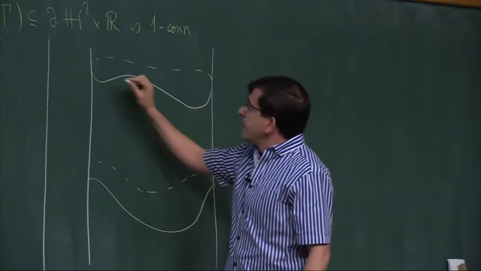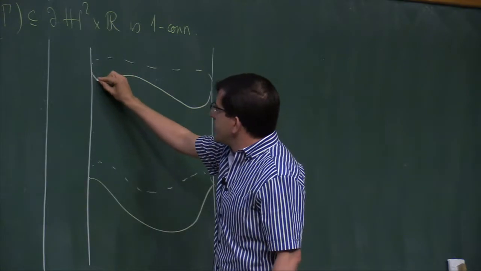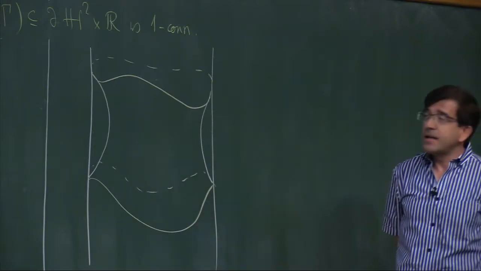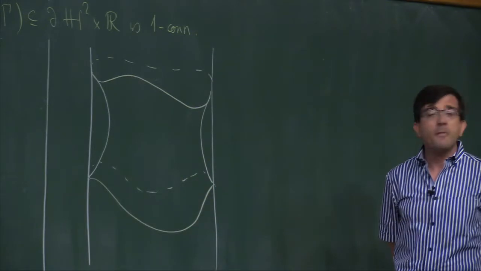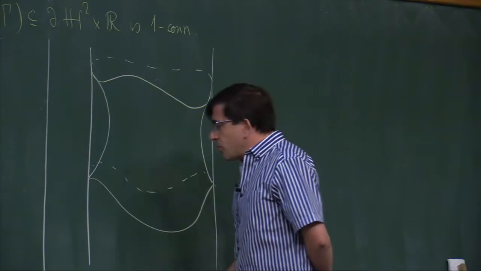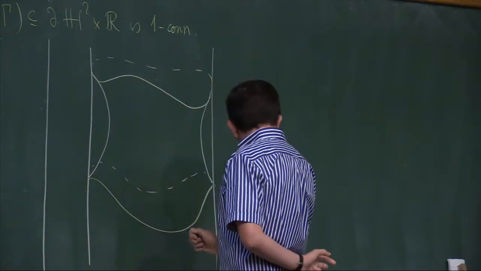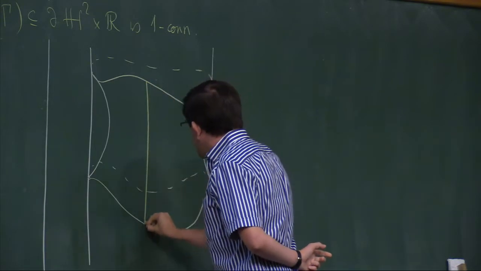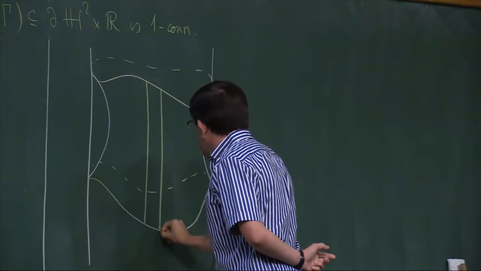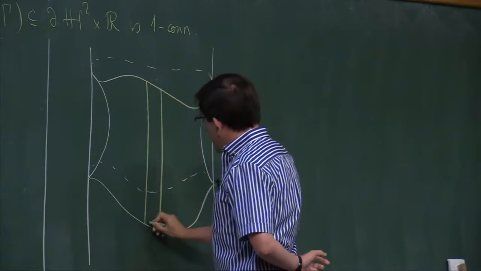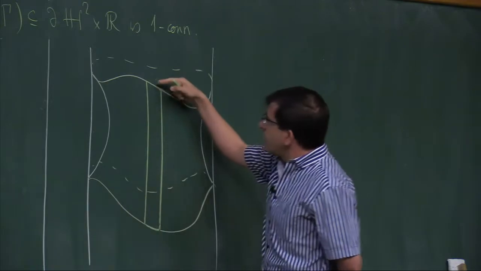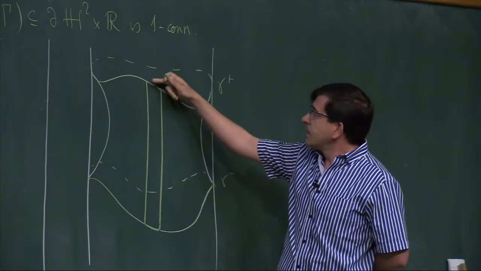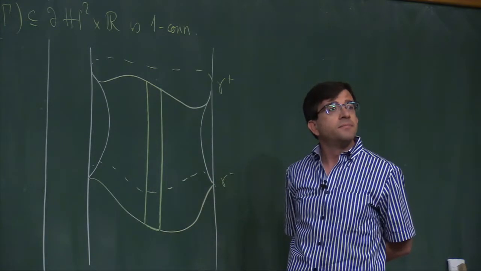And imagine that you have an annulus that spans this boundary. So I'm going to consider these curves. I consider two vertical segments and the corresponding pieces in gamma plus and gamma minus joining these two vertical segments.